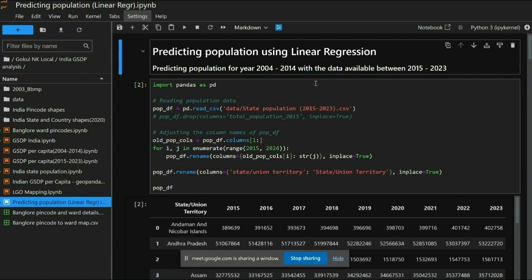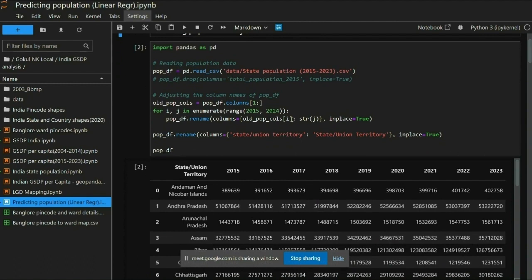Here we are predicting population for the years 2004 to 14. Since we only have data from the year 2011, it is essential to predict the population for calculating GSDP per capita.